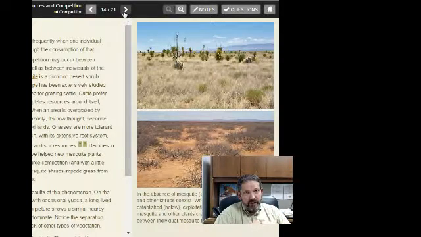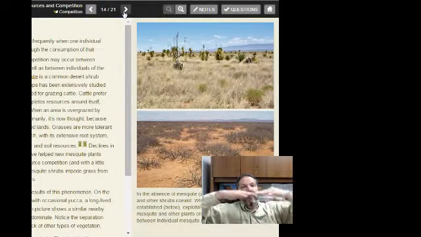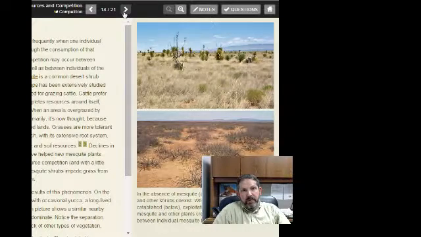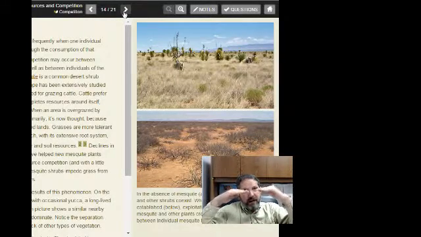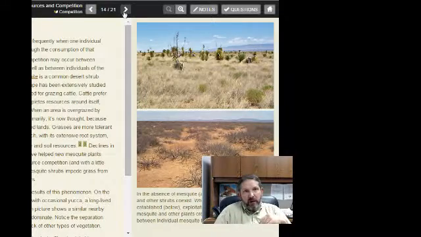Now, oftentimes it's not a particular resource that's limiting, right? Because maybe our numbers haven't reached carrying capacity. So if we're talking about a lizard population, it may be that we never reach the carrying capacity of the environment. We don't run out of food. We don't run out of space because the predators keep our numbers down.